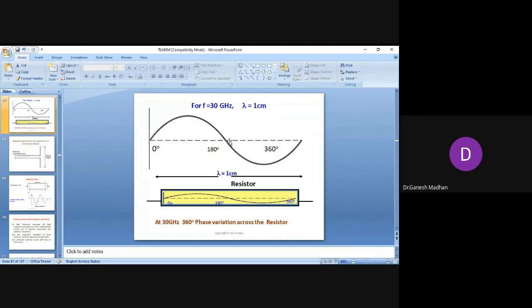So if I want to represent the voltage, I should use voltage as a function of both distance and time. There is no other alternative. I have to use an equation for voltage and current which has both space and time. That is why we cannot use circuit theory for high frequency, where I need to go for transmission line theory.